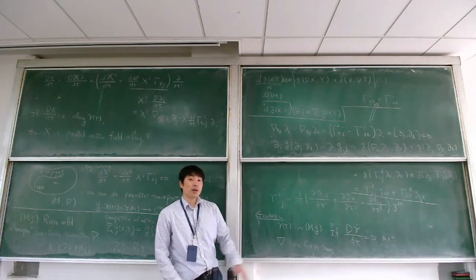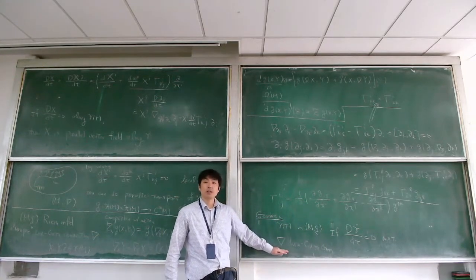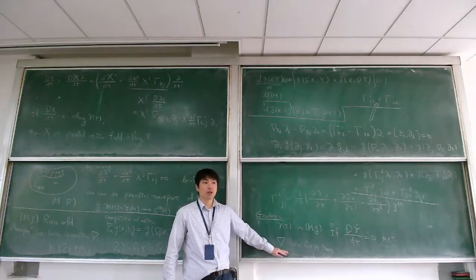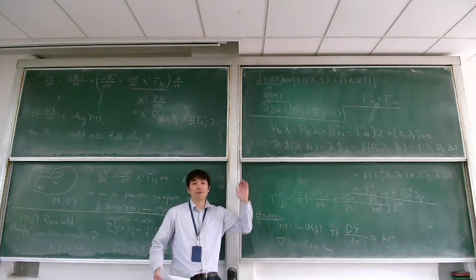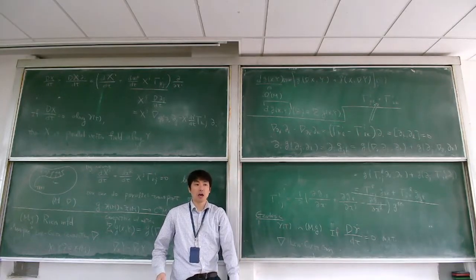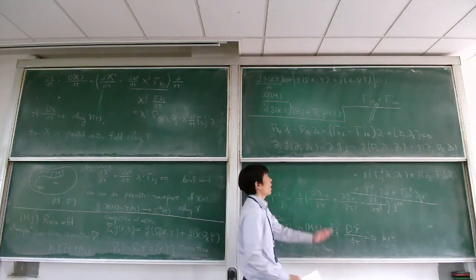Given a Riemannian manifold, there is a unique connection called the Levi-Civita connection. Given the connection, one can define the covariant derivative along gamma. That's what we have learned.